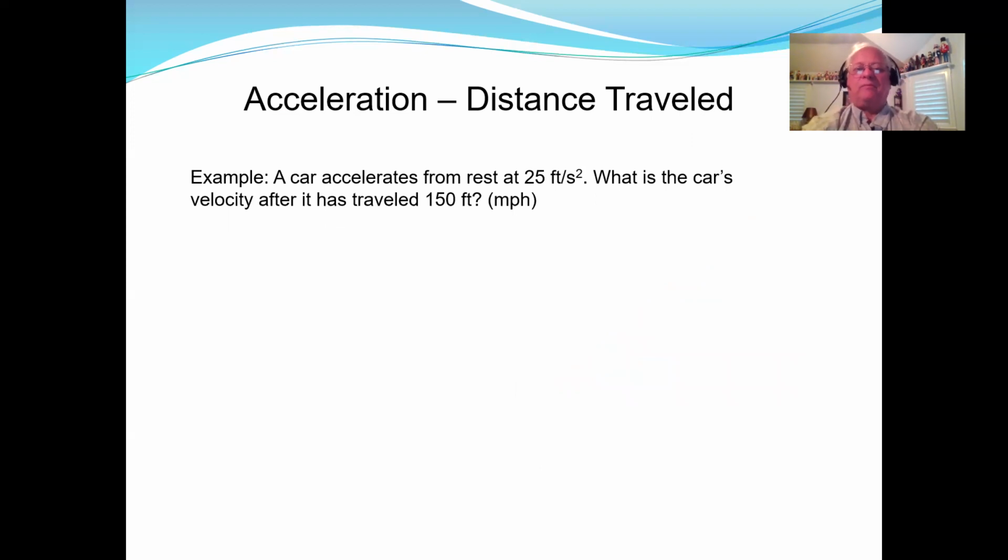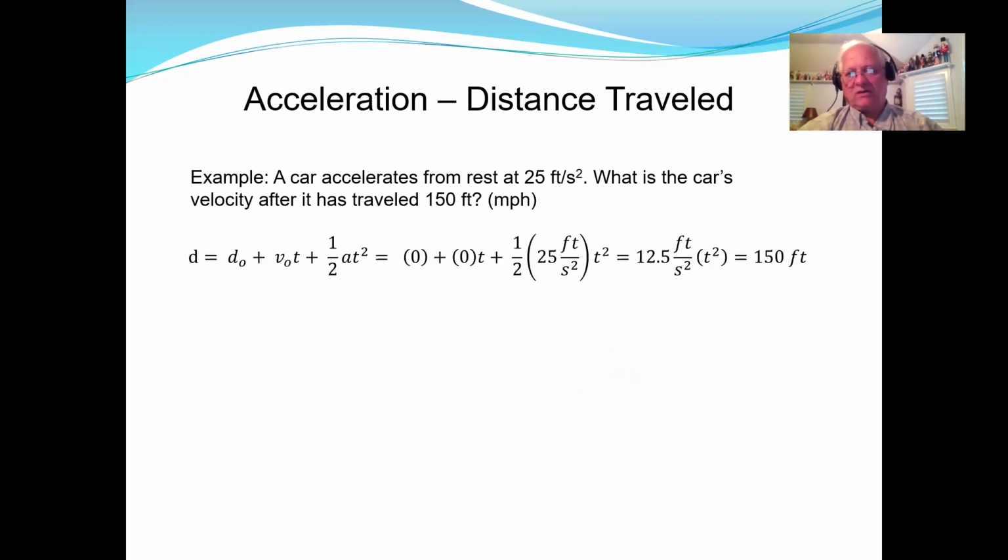Okay, so here's an example. A car travels from rest at 25 feet per second squared. What's the car's velocity after it's traveled 150 feet? So in this case, I know the distance, and I need to solve for the velocity after 150 feet. So the way I do this is I start with the distance equation.